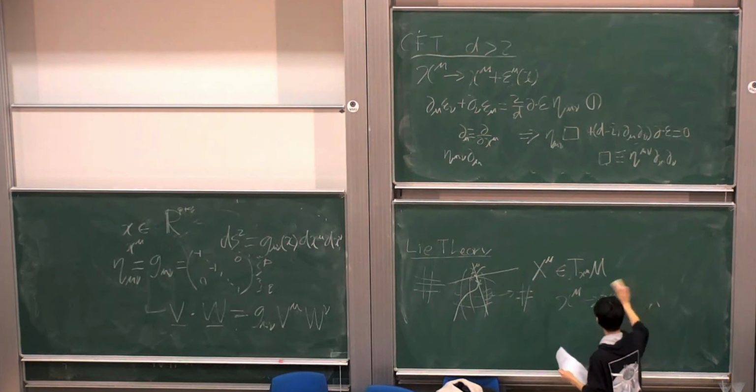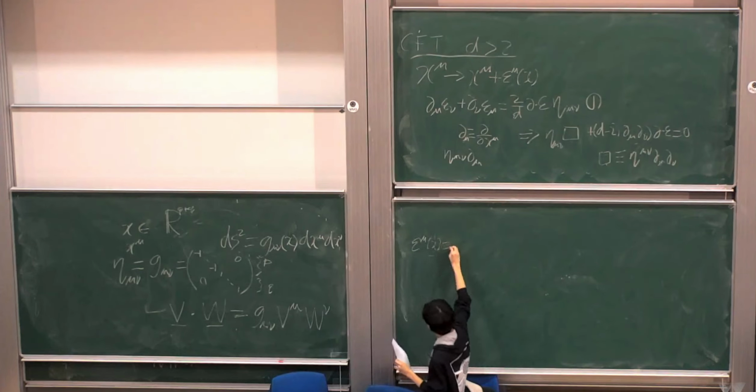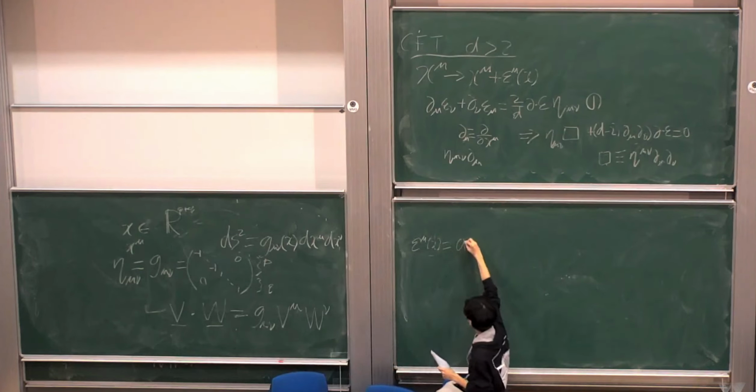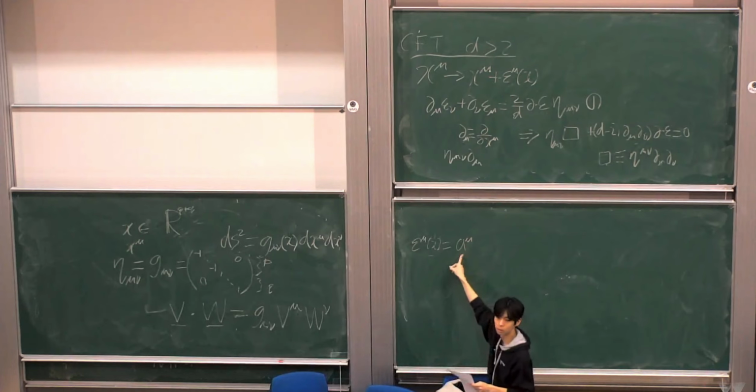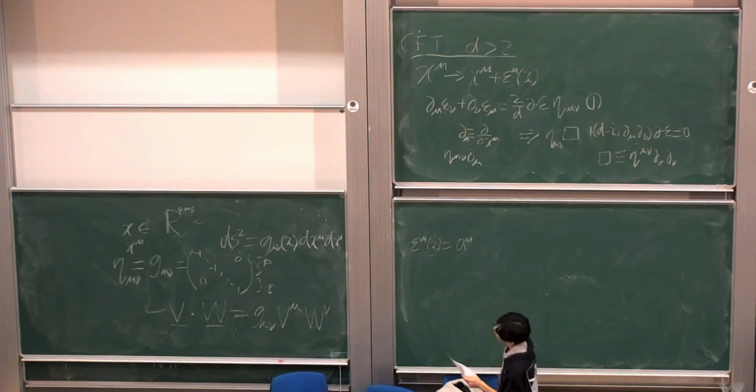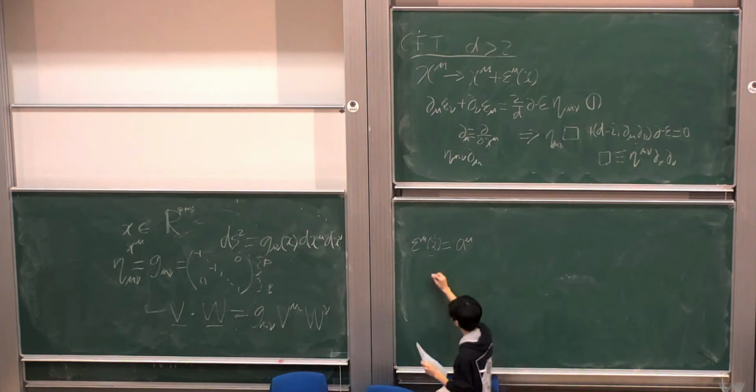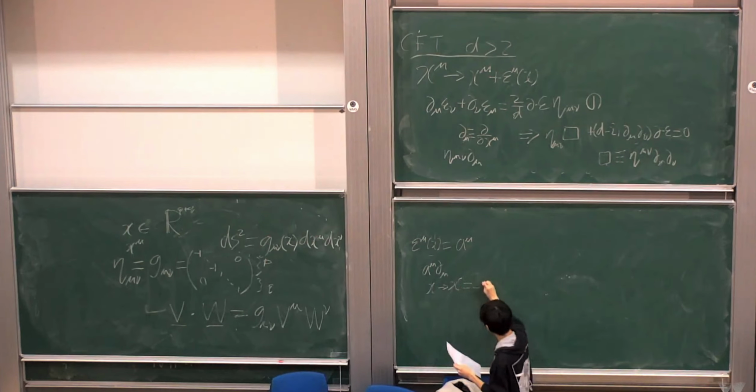When epsilon is constant, A is a constant, it doesn't depend on x, then the generator, the member of the Lie algebra, is in this form. So x transforms as such.